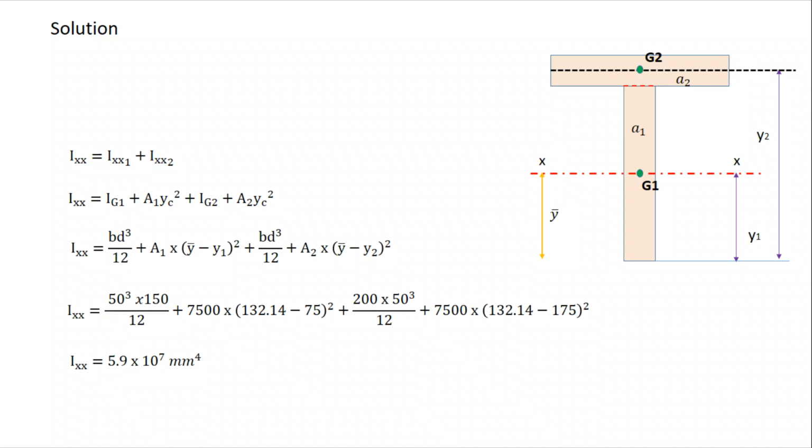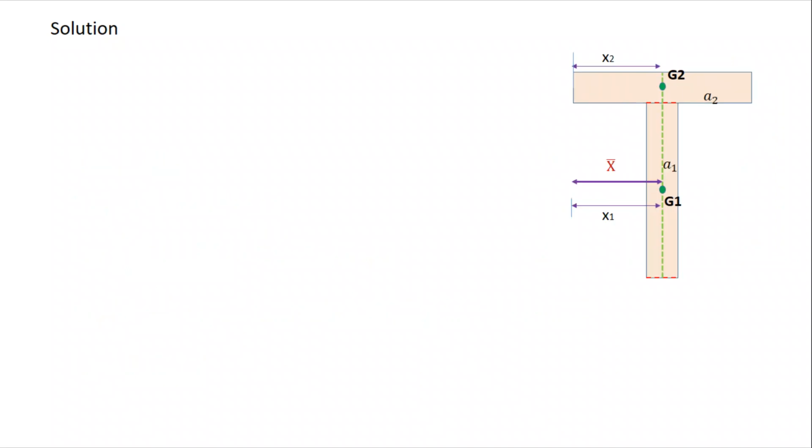Whenever you take the centroidal x axis moment of inertia, take the y distances, and whenever you take the centroidal y axis moment of inertia, take the x distances. Now we have to find the moment of inertia about the y axis.